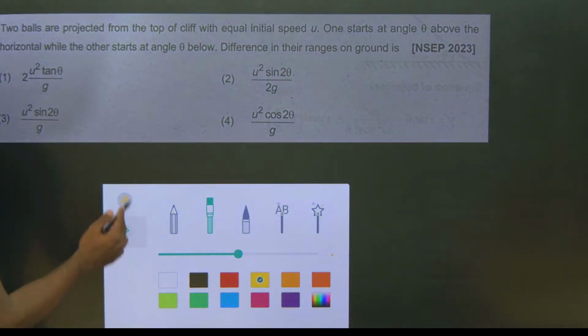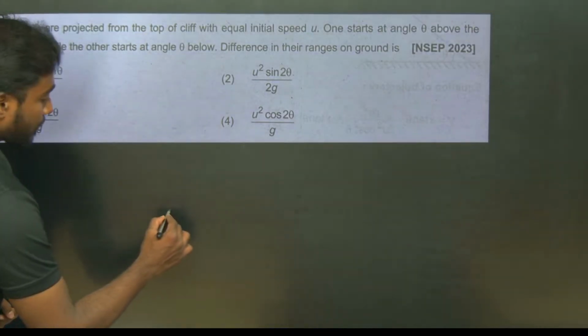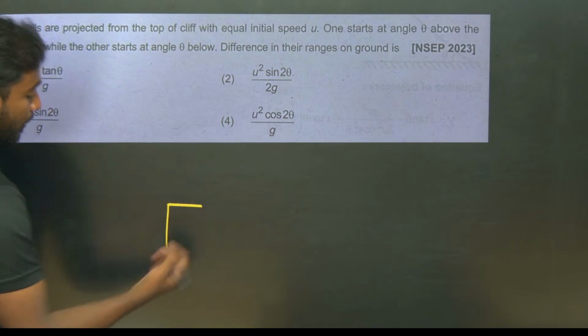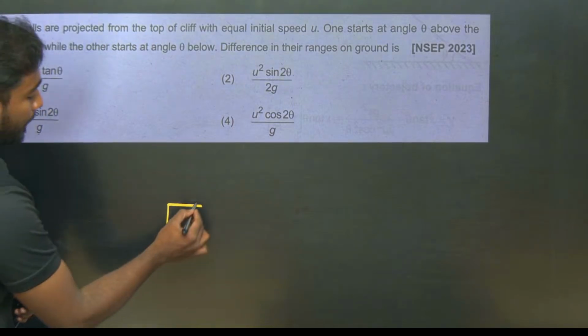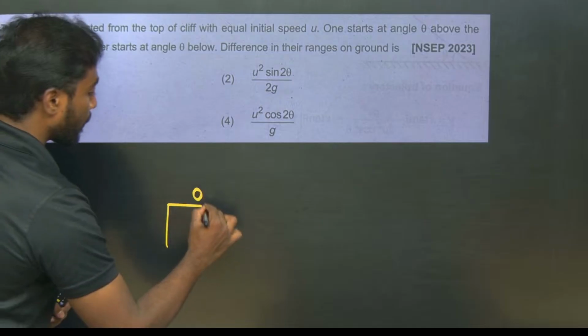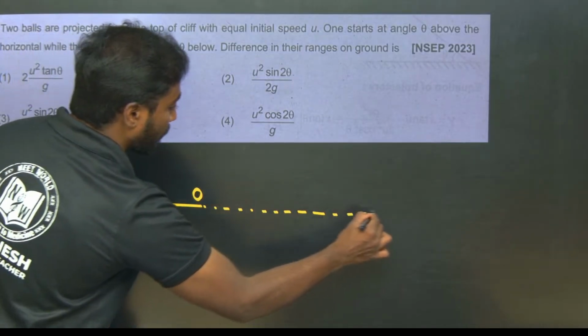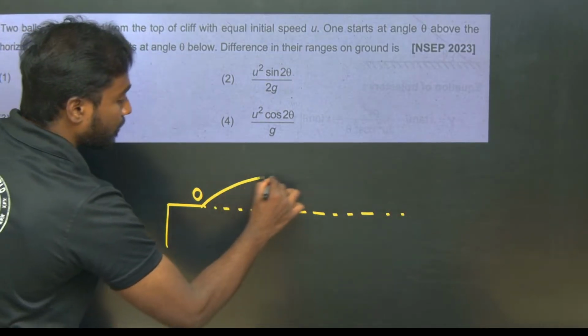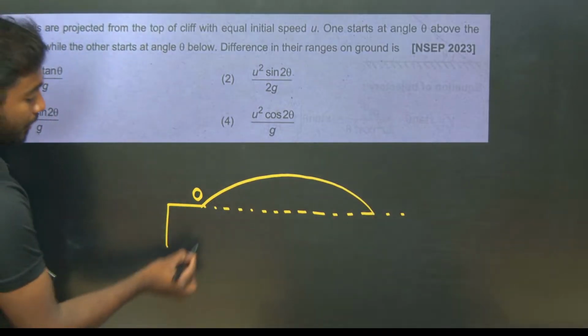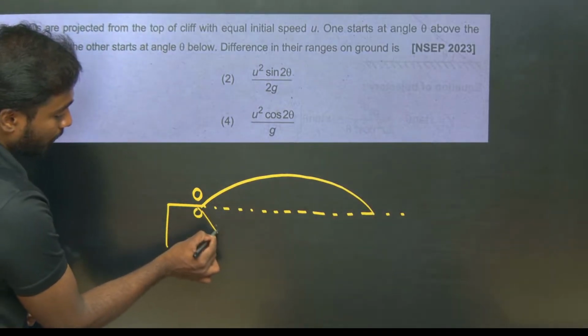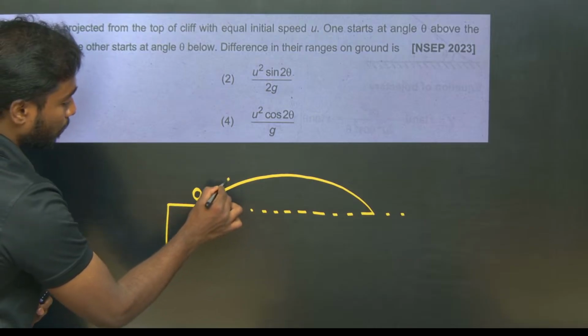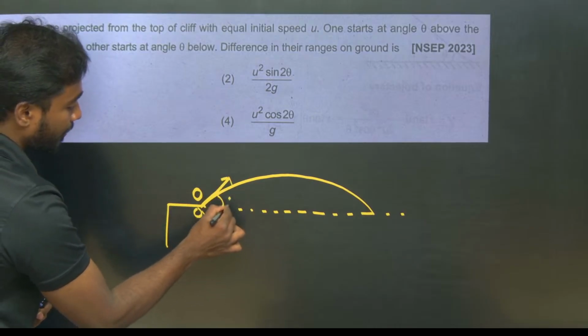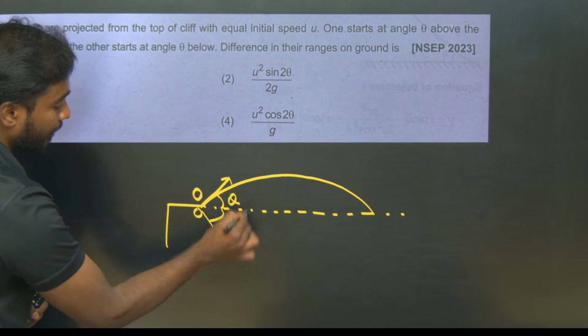Okay, I'll draw the diagram first, what they have said. So there is a cliff. One ball is projected above the horizontal, like this, and another ball is projected below the horizontal. This one makes an angle theta here, and this also makes an angle theta.